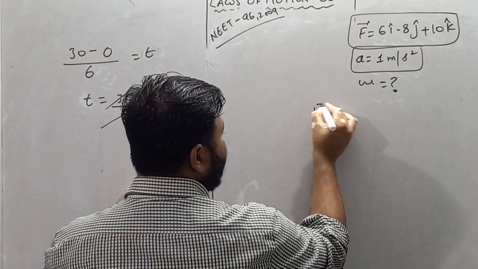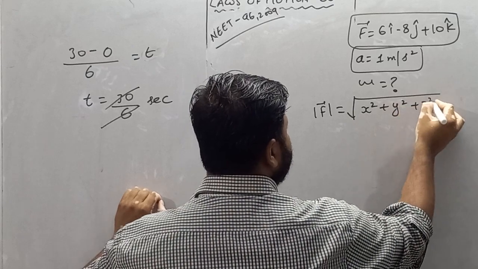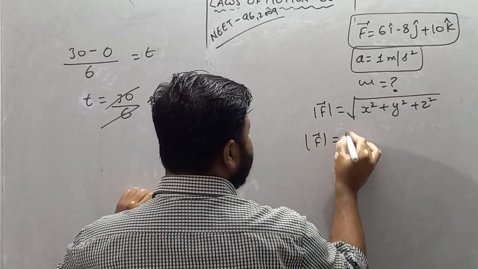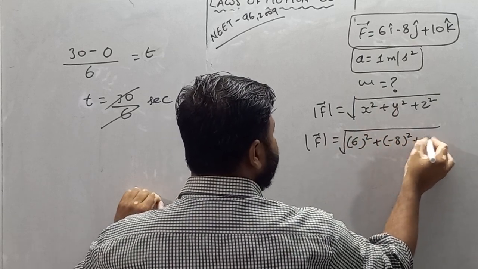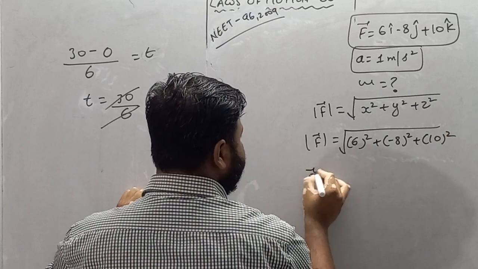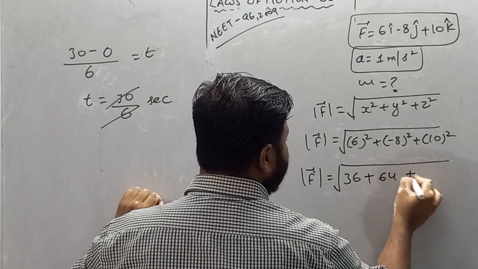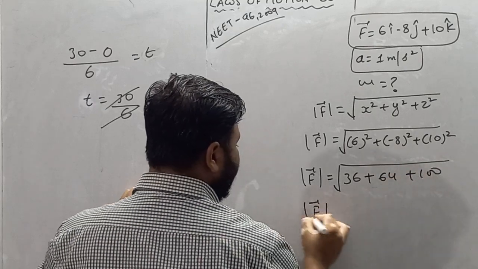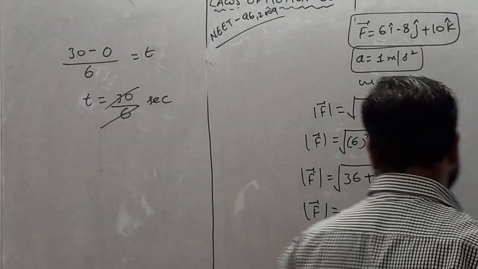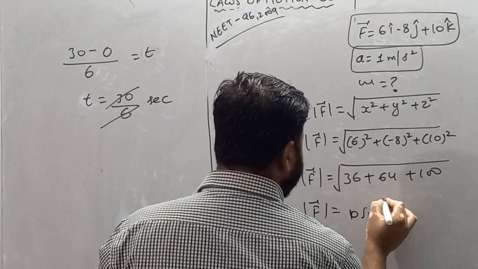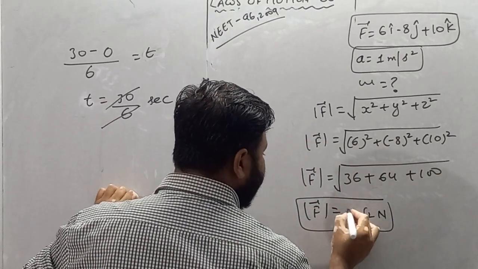Magnitude of force is under root x square plus y square plus z square, that is under root 6 square plus (minus 8) square plus 10 square, so under root 36 plus 64 plus 100. You will get the value of force as 10 root 2 Newton.